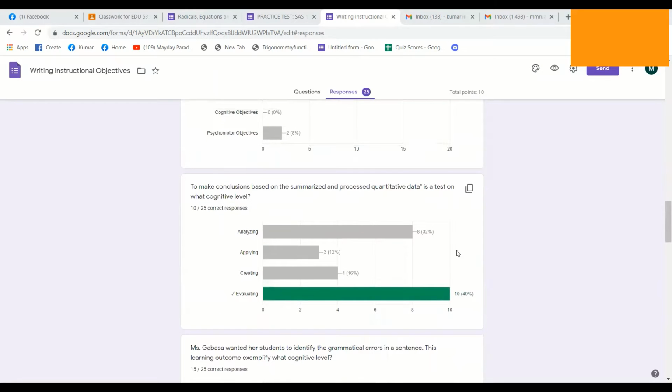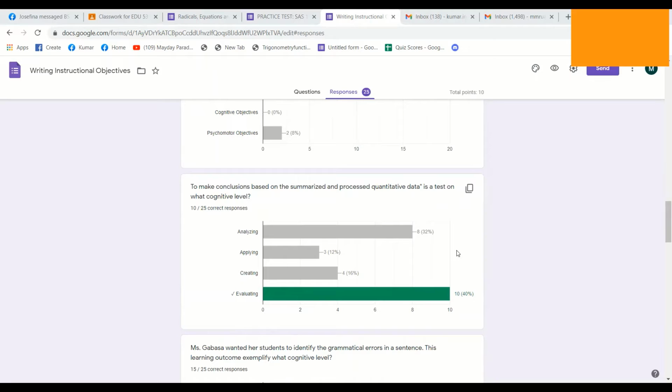Next one, to make conclusions based on summarized and processed quantitative data. Okay, here making conclusions belongs to the evaluating level. Making conclusions, creating judgments, that belongs to evaluating, not creating, because in creating, you have to create something.